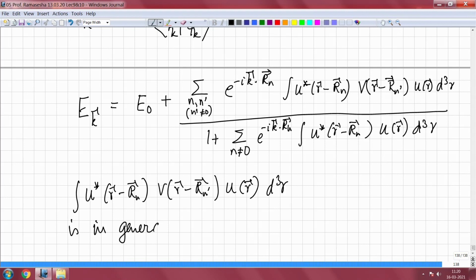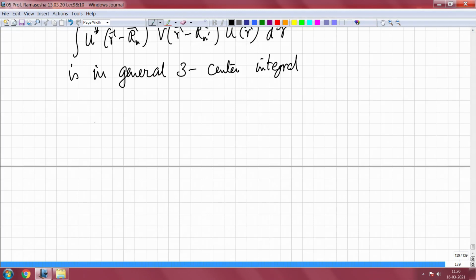Let me tell you what we mean by a 3-center integral. What it means is the following: u (r minus r n), this is r n, let us say, and this is r n prime, and let us say this is the origin r equal to 0. So, I have u of r here, which is a function that is going like that, and then I have a potential which is v function here.